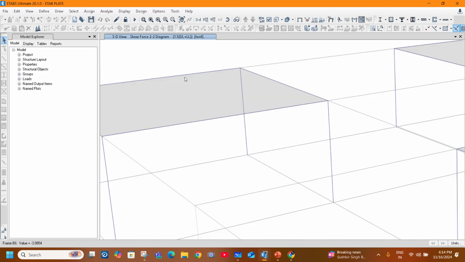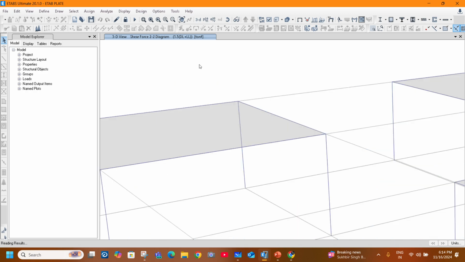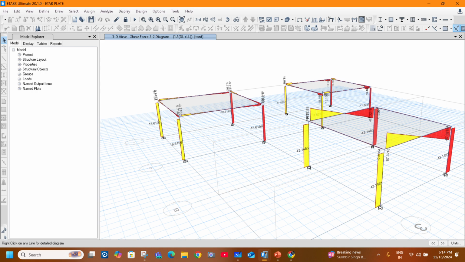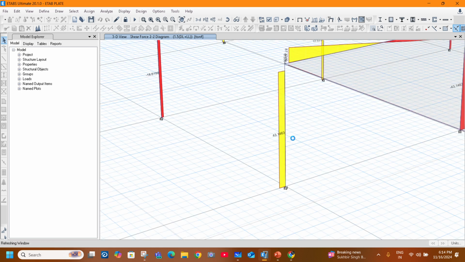And in case of thick or thin, some amount of load is distributed to the slabs, so the shear force is less. Okay. Here you can check the value also.